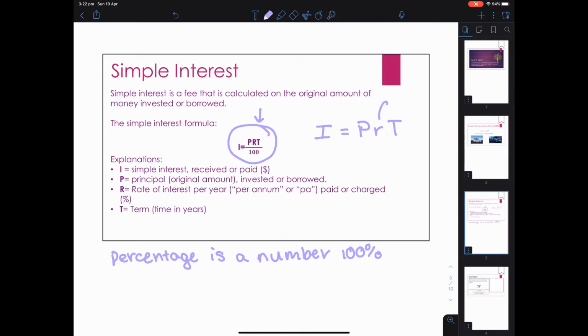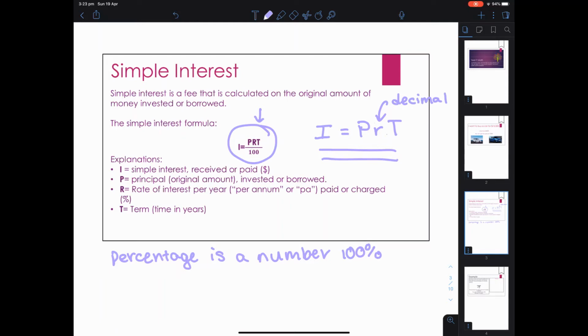In the second form, the rate is already a decimal. But in this first form, we don't have to use a decimal. If you're really good at converting your percentages into decimals, the second rule is probably a little bit easier for you. If you struggle to turn things into decimals, then you might want to use our first rule, where we're dividing by 100 in the middle of the sum.